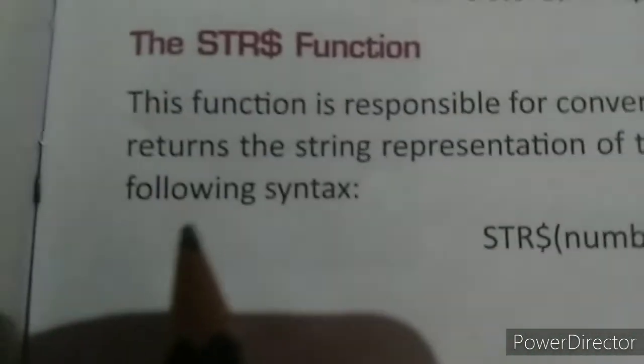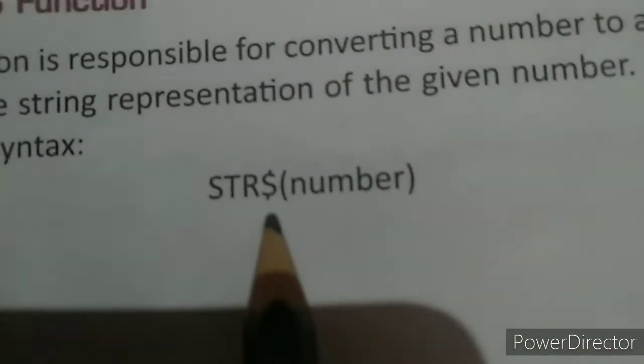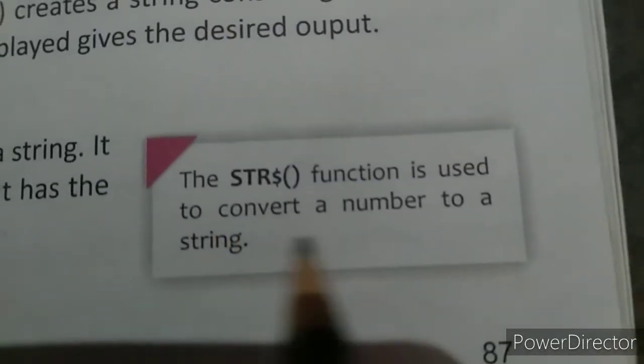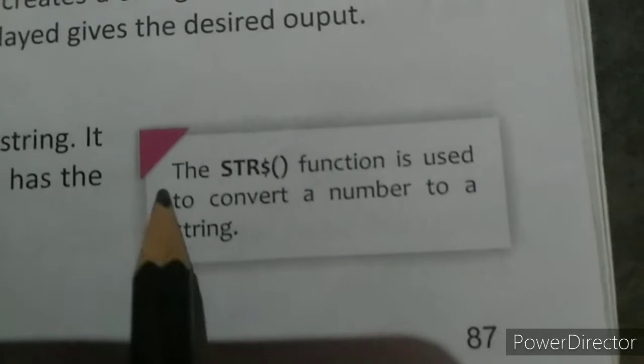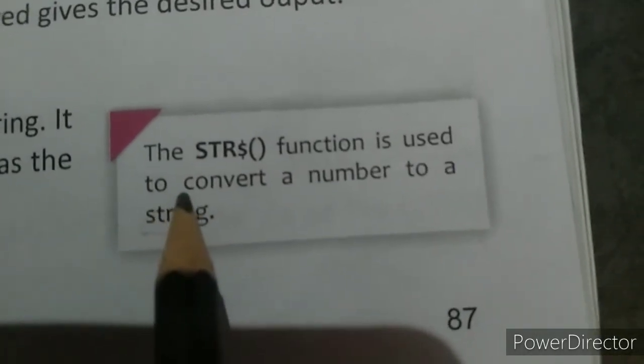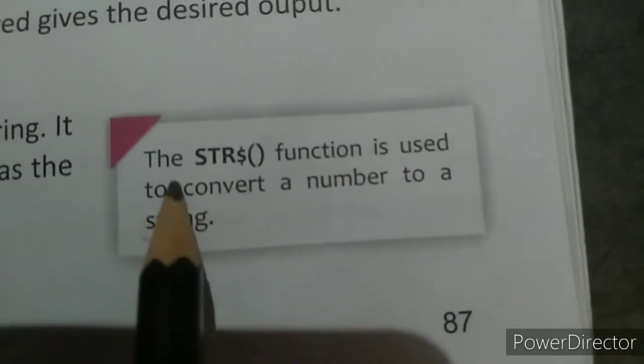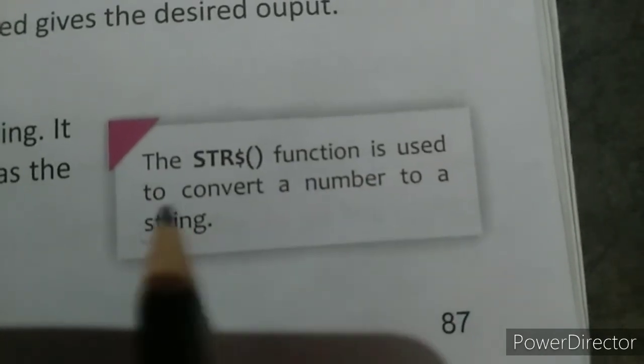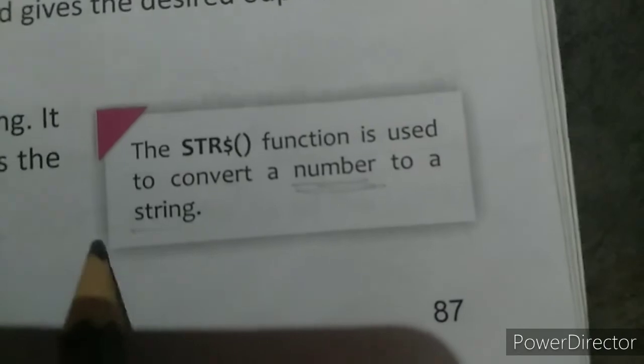It has the following syntax: STR$(number). If someone asks what is the function of the STR$ function, then you will answer that the STR$ function is used to convert a number to a string.